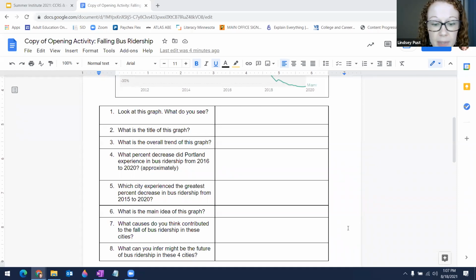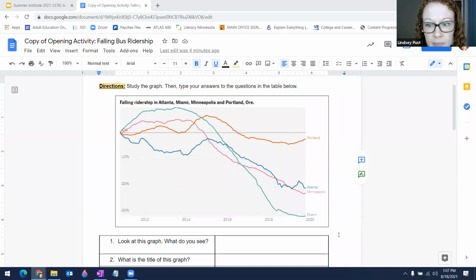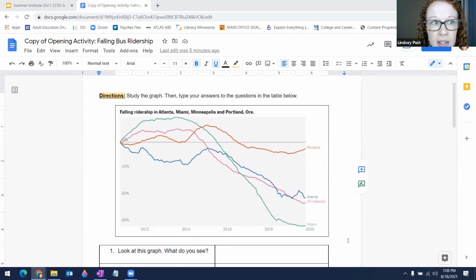What can you infer might be the future of bus ridership in these 4 cities? So we will see this graph again. We just wanted to give you a little bit of time to sit and look at it and consider these questions that we commonly ask students.